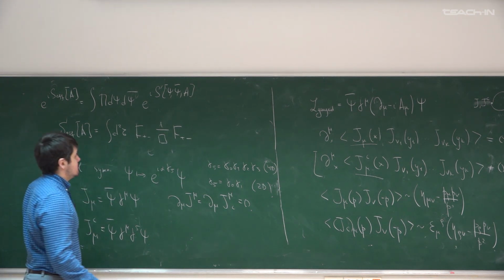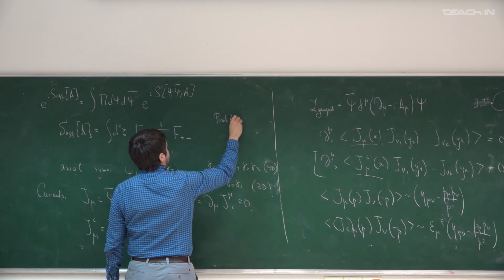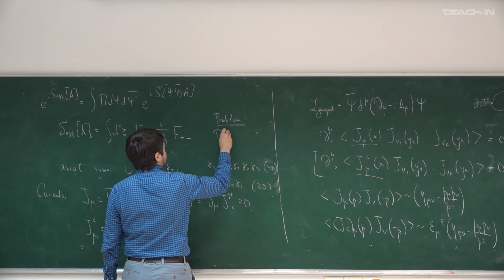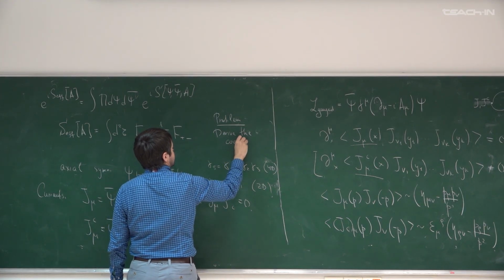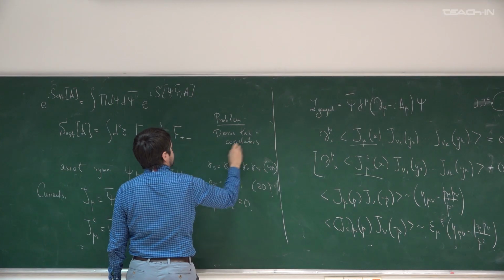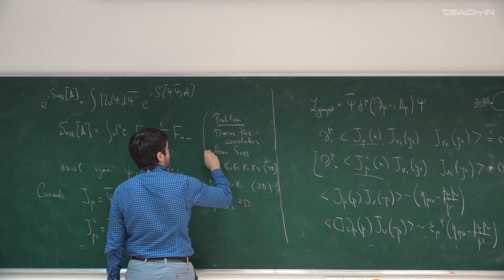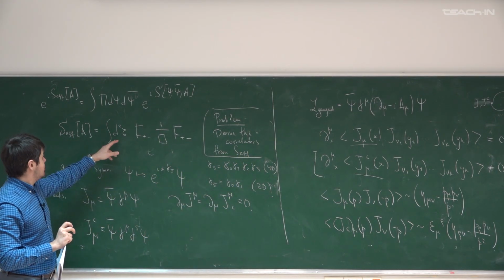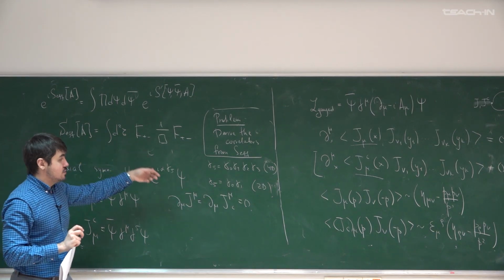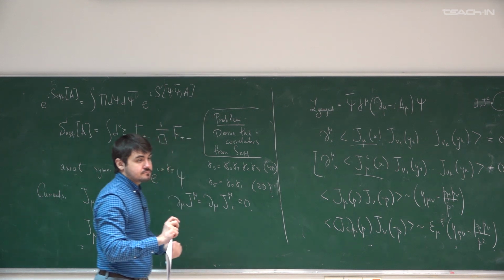Homework problem: derive the correlators from the effective action. You differentiate it with respect to the gauge field, and you can derive these correlators.